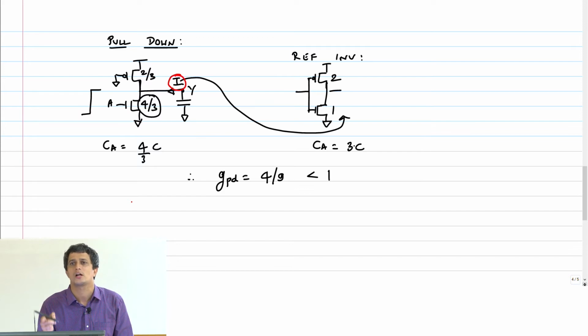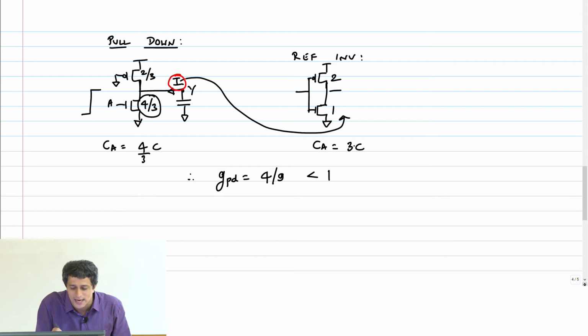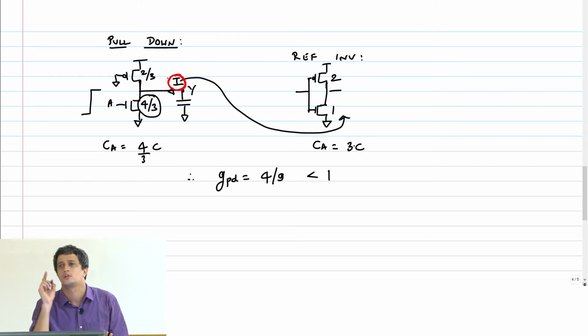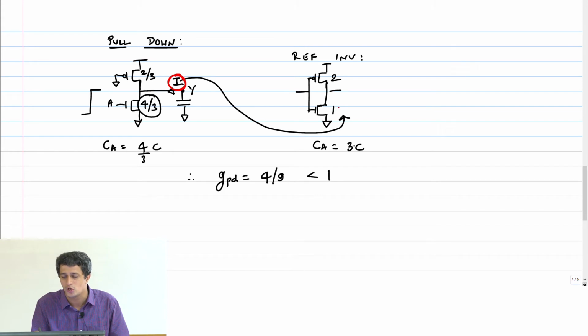I have to construct my static CMOS reference inverter to have the same drive current I as the pseudo NMOS inverter here. And therefore the reference inverter size is going to be 1 and 2. Clear?